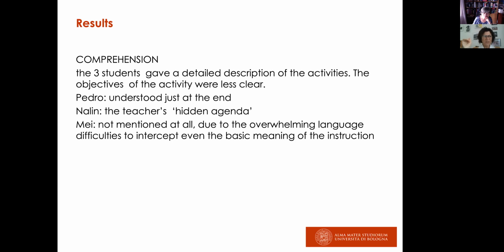The objectives of the activity were less clear and were understood only at the end by Pedro, partially understood by Nalin, or understood as the teacher's hidden agenda, or simply not mentioned at all due to the overwhelming language difficulties to intercept even the basic meaning of the instruction on the part of May.